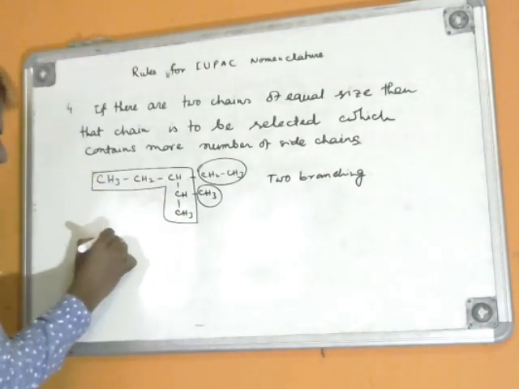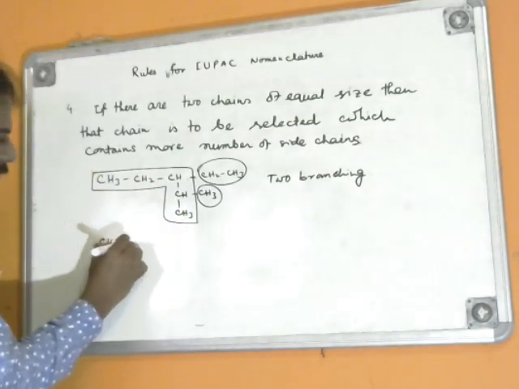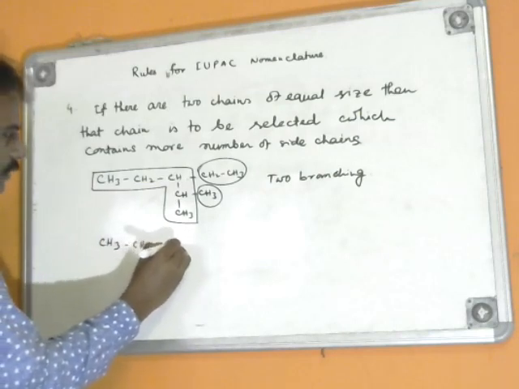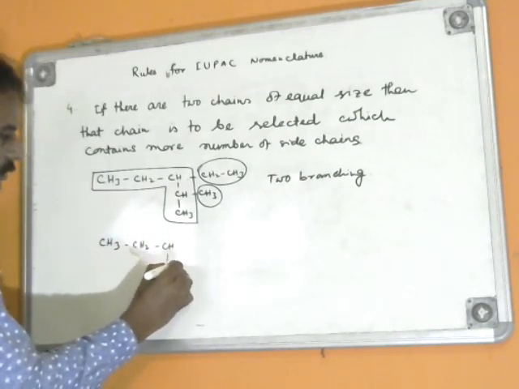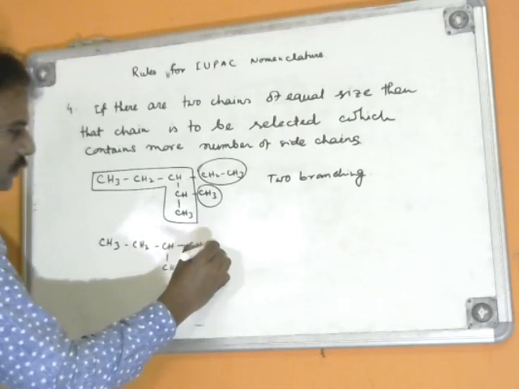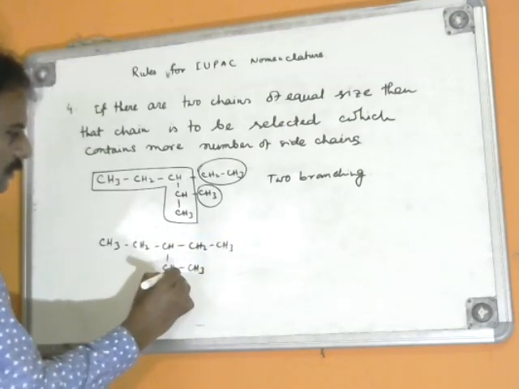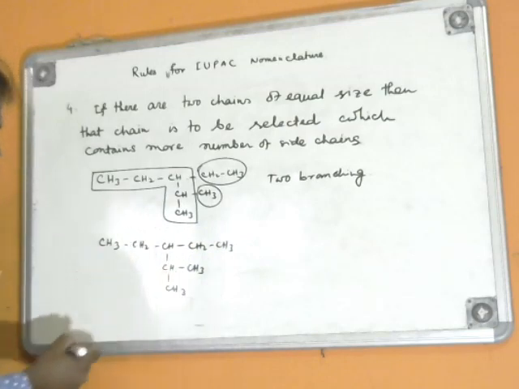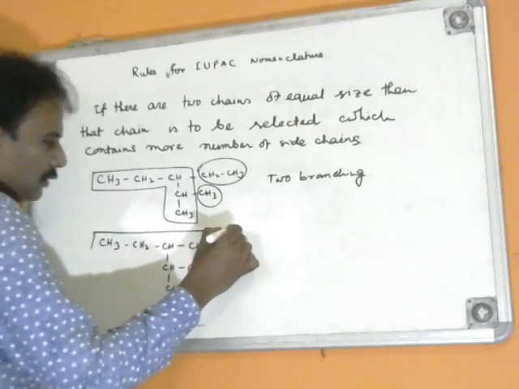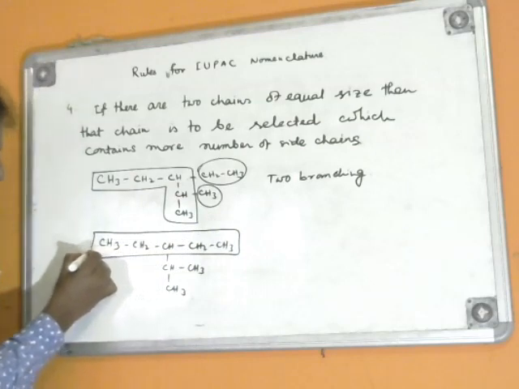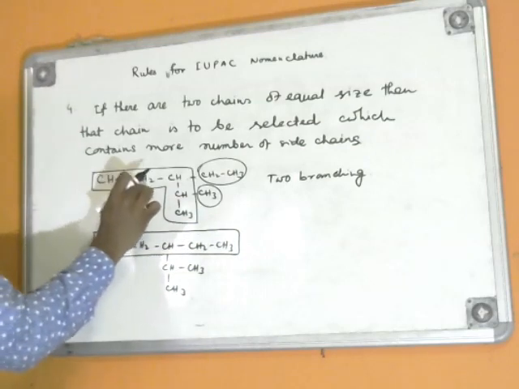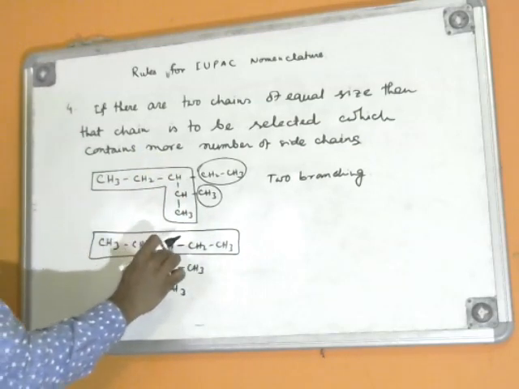I am drawing this compound again. CH3, CH2, CH, CH, CH2, CH3, CH3, CH3. Suppose I am taking this chain as the longest chain. Look, 1, 2, 3, 4, 5 and 1, 2, 3, 4, 5.